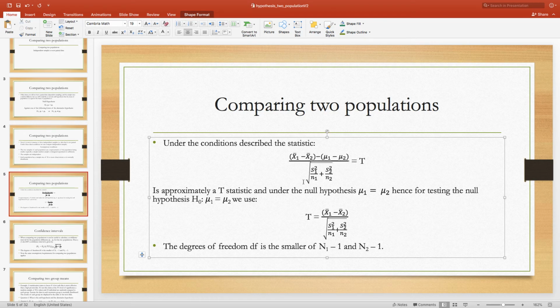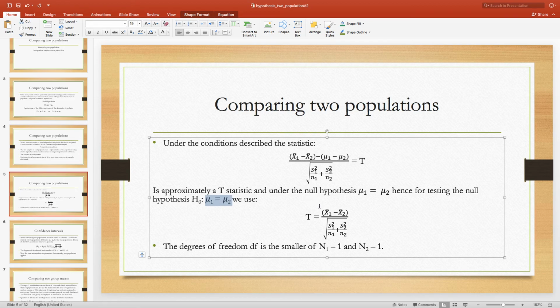And this t-statistic has degrees of freedom, and it is the smaller of n1 minus 1 and n2 minus 1. Now, I'd like to state under the null hypothesis, the mean of 1 minus the mean of 2, these two means are equal.